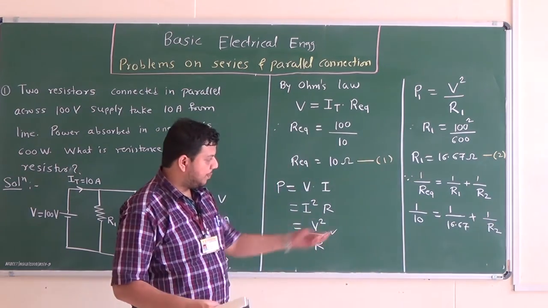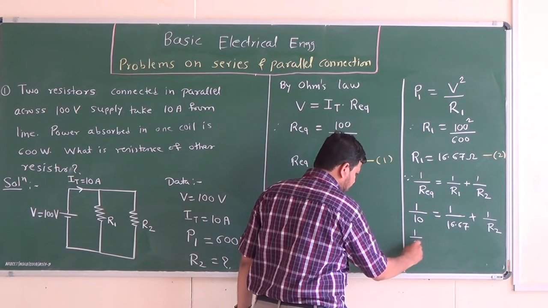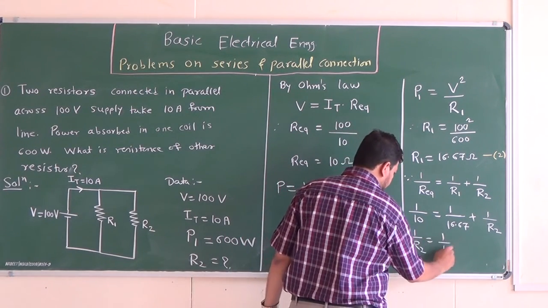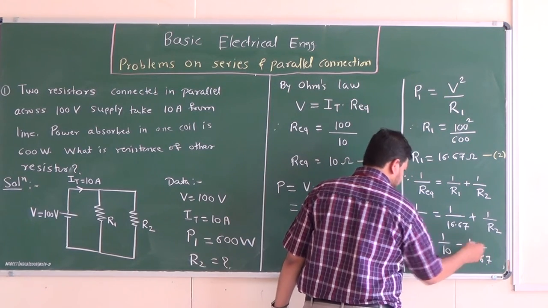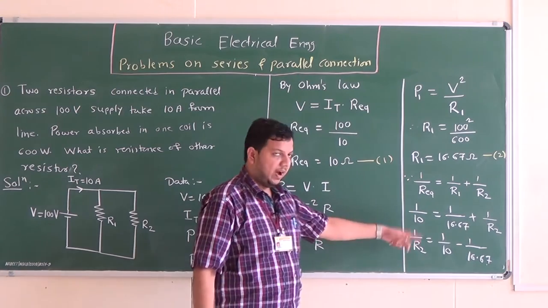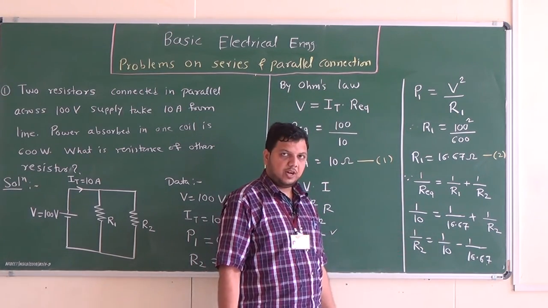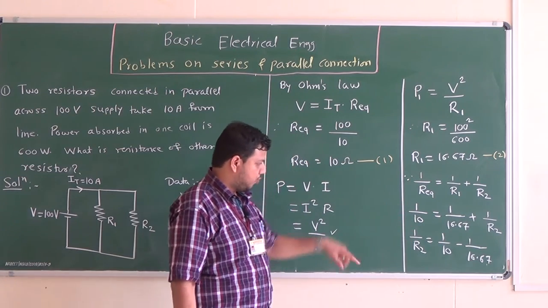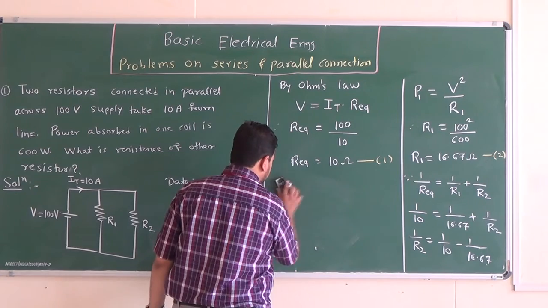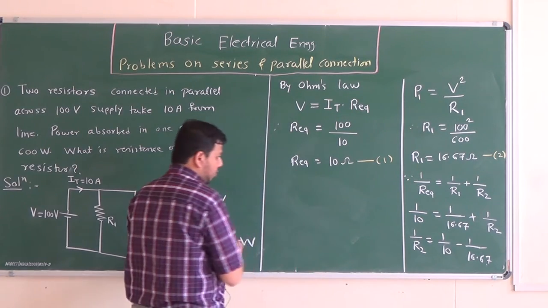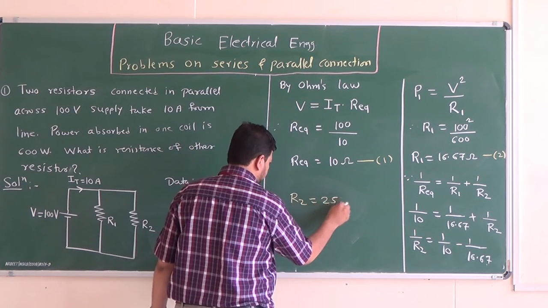While simplifying, 1 upon R2 will be equal to 1 upon 10 minus 1 upon 16.67. Then taking the inverse, you will get R2. If you simplify this, you will get R2 equal to 25 ohm.